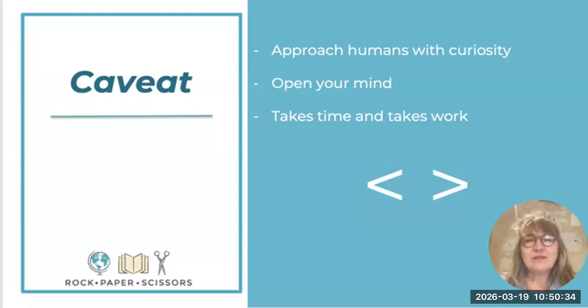So asking questions: what's going on here? That will get you very, very far if you approach with an open mind and not a closed mind. And then this is not a very popular one, because we focus so much on the work and not on the dynamics, but the team dynamics affect the work, and it takes time and it takes work.